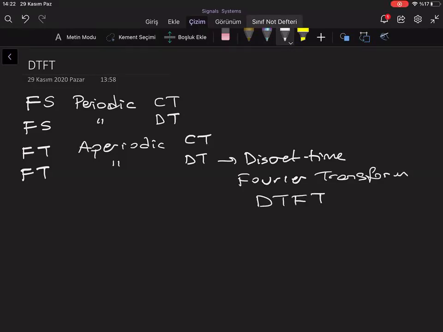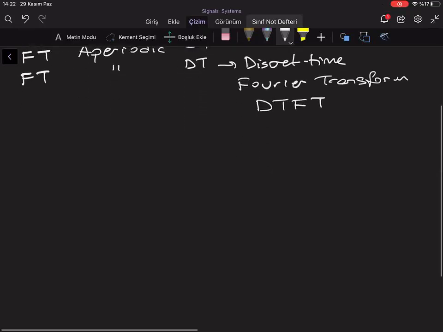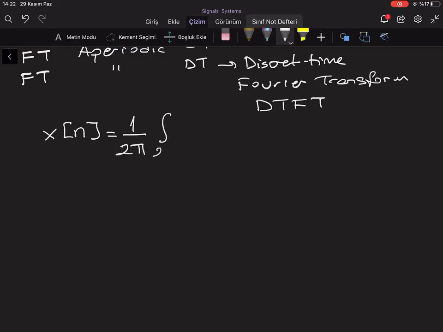So if we talk about the discrete time Fourier transform, we will mainly discuss this formulation, and then you will see this x of n is my aperiodic discrete time signal, and then my formulation will be 1 over 2 pi for one period, X(e^jω) times e^jωn dω.